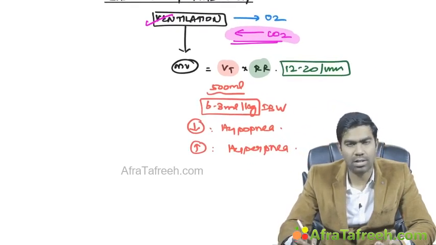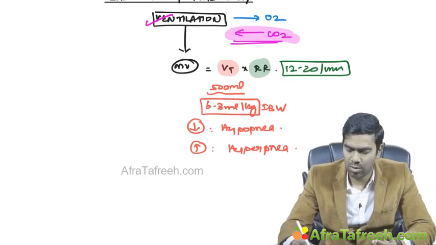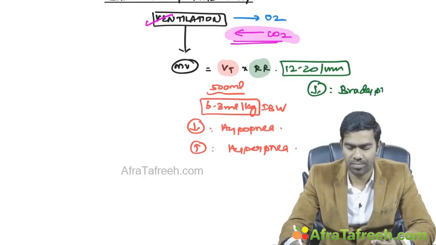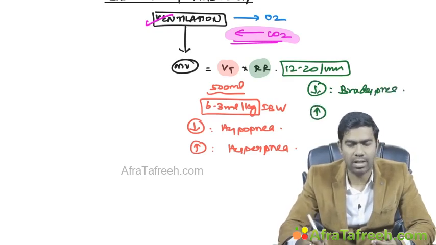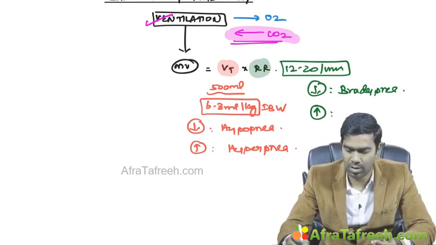This is for an adult, not for children. Any patient having a reduced respiratory rate, less than 12 per minute, we call bradypnea. Any patient having an increased rate of respiration, more than 20 per minute, is said to have tachypnea.